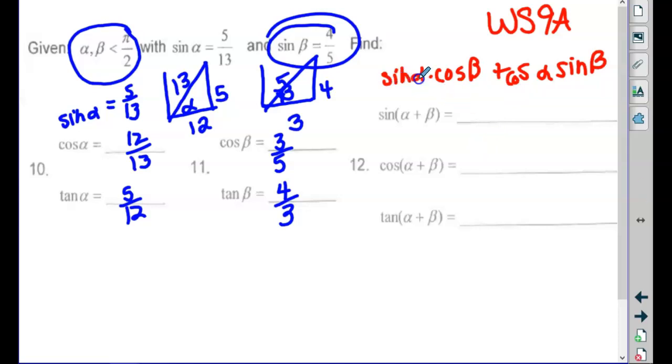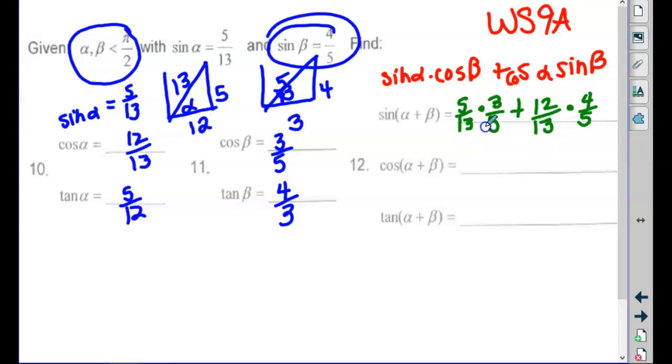What's the sine of alpha? 5/13 times the cosine of beta, 3/5, plus the cosine of alpha times the sine of beta. Okay, it is messy, but it's good news.